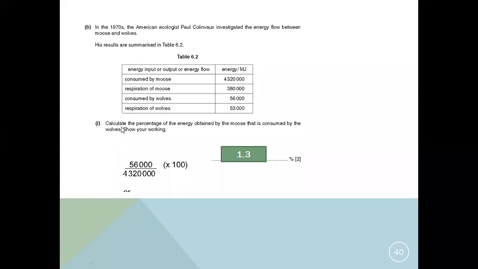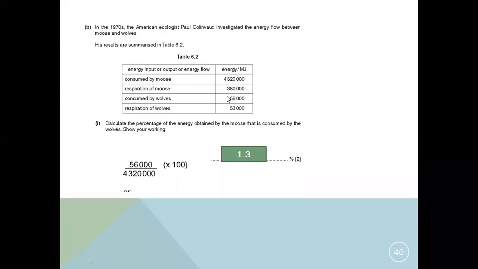Now our question is, calculate the percentage of the energy obtained by moss that is consumed by wolf, right? So look at this. How much energy is consumed by wolf is 56000, right? Now the total energy consumed by moss is this one. What is the question?